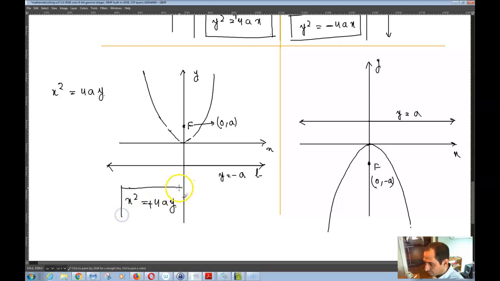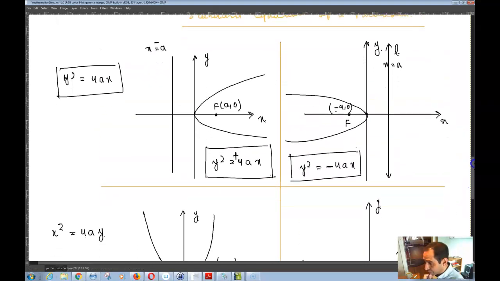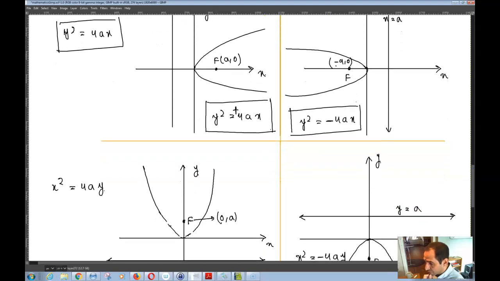If your parabola is opening towards the bottom of the coordinate system, then your equation is going to be x squared is equal to negative 4ay. And that's the four different configurations, or you could say two different types of equations that you have.